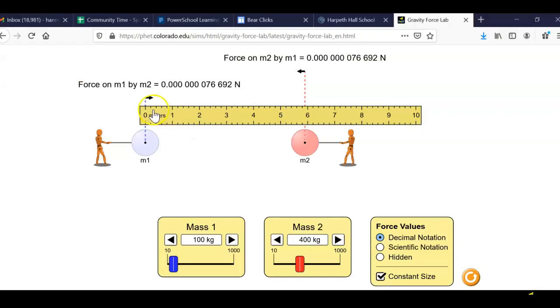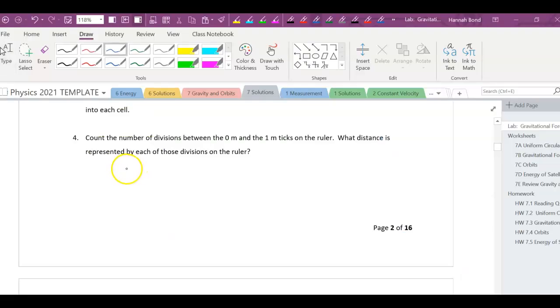So if I look here at the tool, I see that there's 1, 2, 3, 4, 5 divisions between each of the numbered meters. And so 1 meter is divided into 5 divisions, and that means that there is 0.2, 1 divided by 5, 0.2 meters per division.